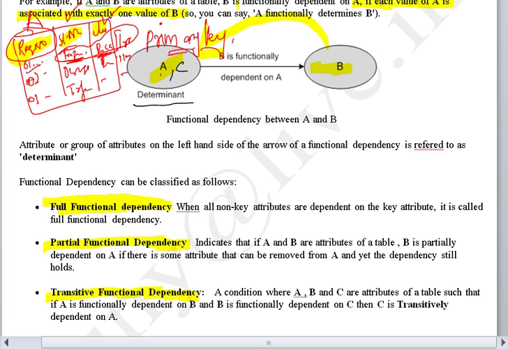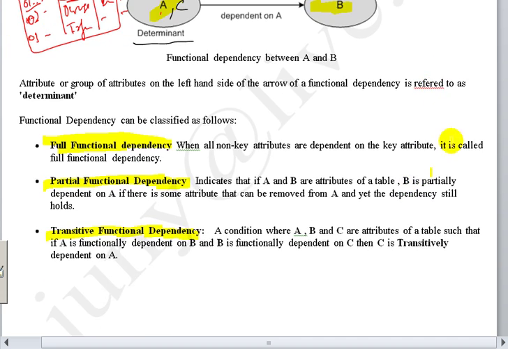So registration number is a determinant, and name and class are fully functionally dependent on it. This is called full, because if you have a primary key uniquely identifying all attributes of a table, it's called full functional dependency.